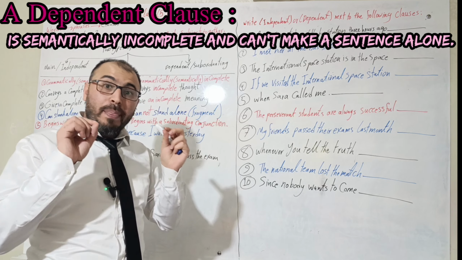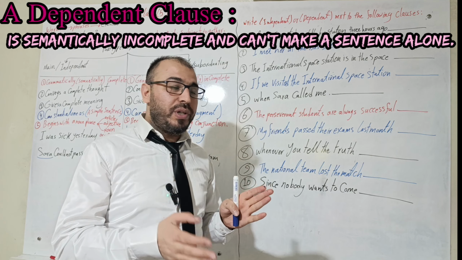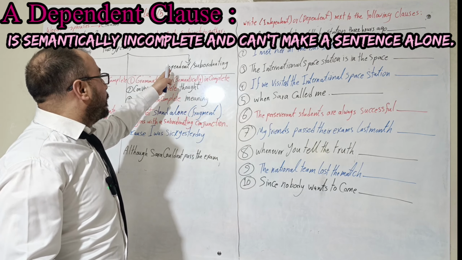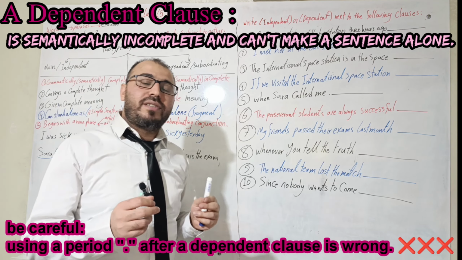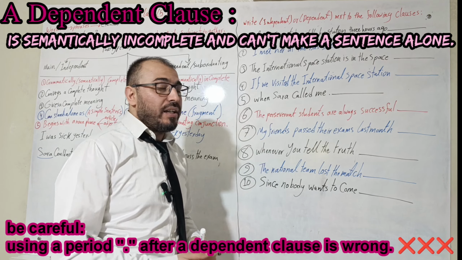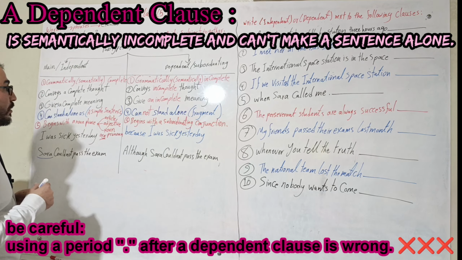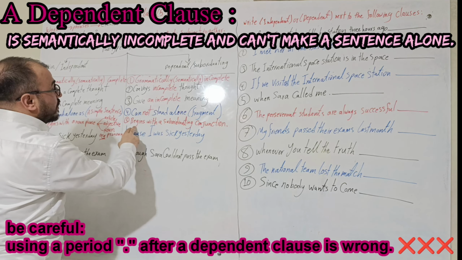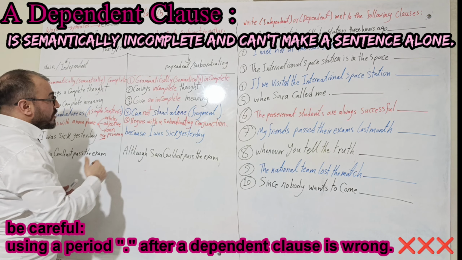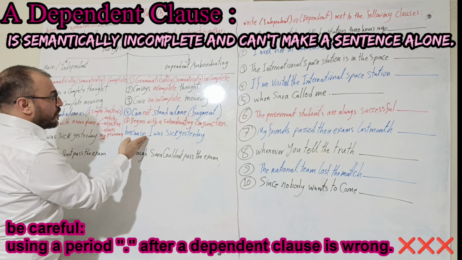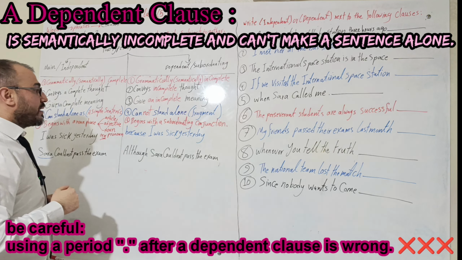Generally, my friends, if we see, as examiners, a dependent clause with a full stop, we are going to consider it a fragment, and a fragment is one type of writing error. They generally begin with subordinating conjunctions. Here, as you see, we have the word because: because I was sick yesterday, and although Sarah couldn't pass the exam.